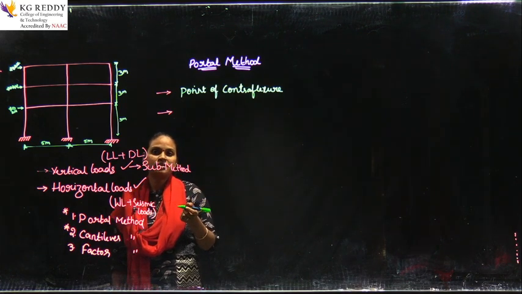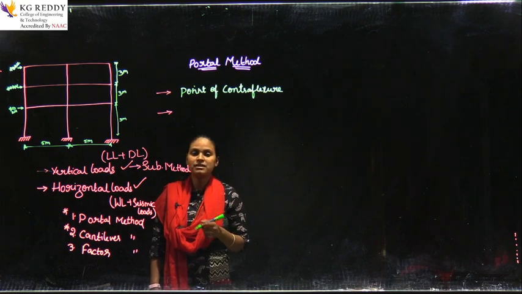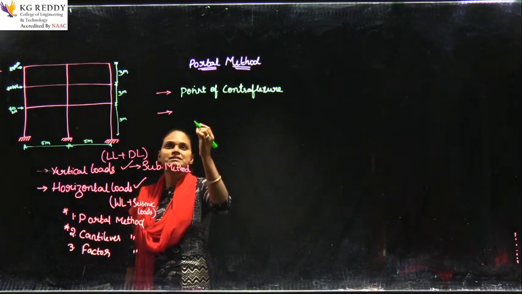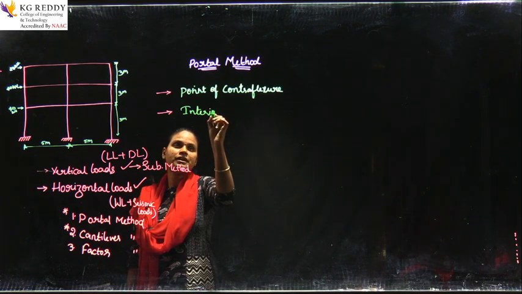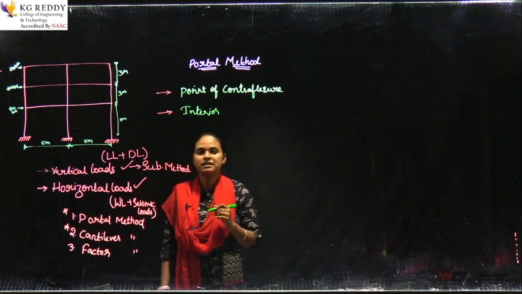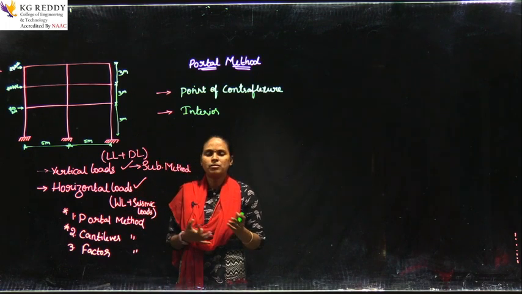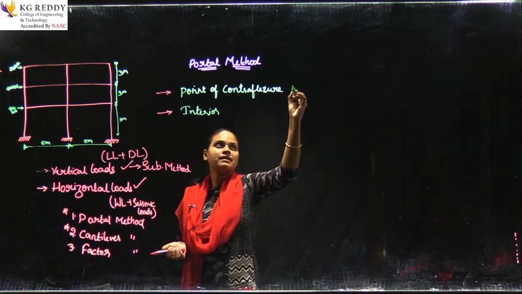You will have the interior column carrying twice that of the exterior columns. These are the two very important assumptions you will consider for the calculation of the problems and for the moments.